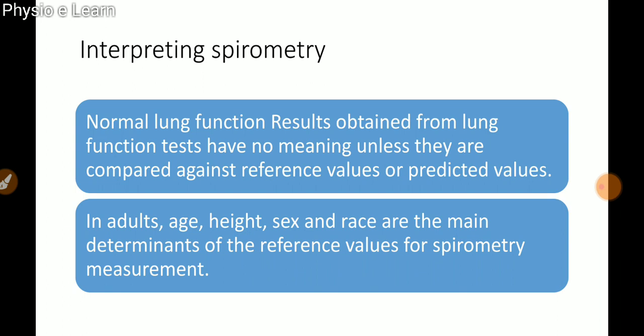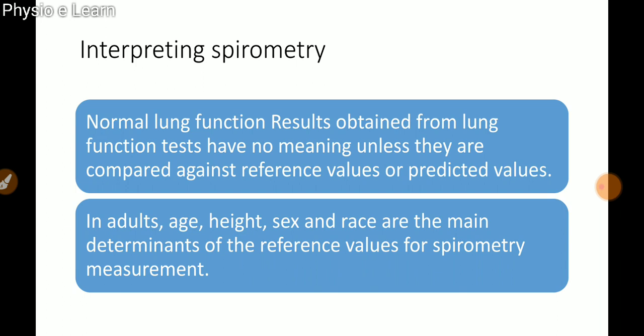The technician performing the test has to enter the age, gender, height, and race of the individual, and the software will automatically calculate the reference value for that particular patient. So you have to compare the performed values with the reference values.